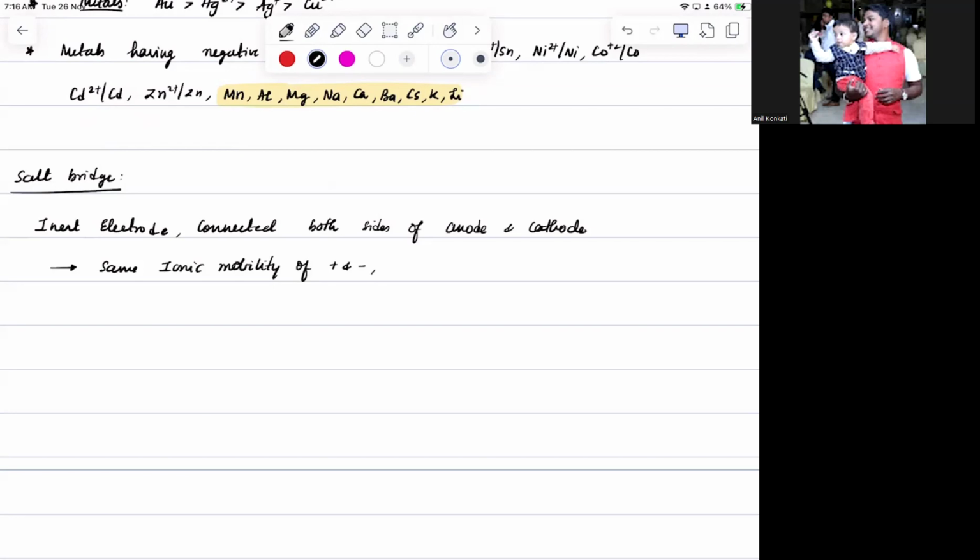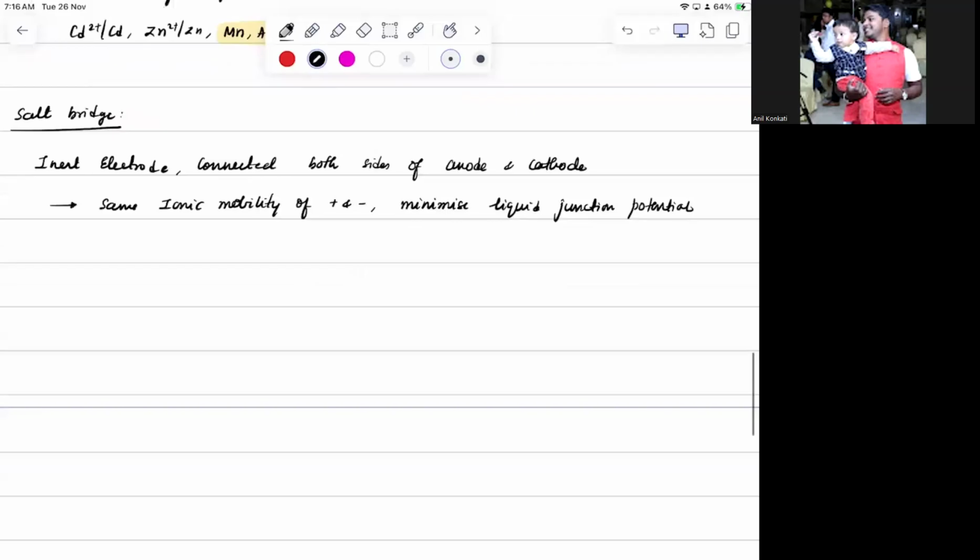Clear? And it should minimize liquid junction potential and maintain neutrality.